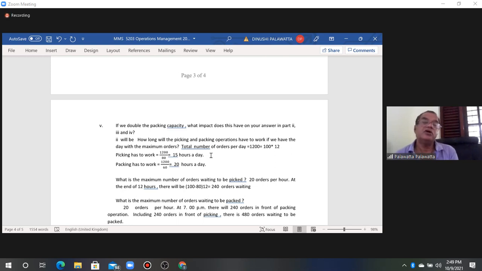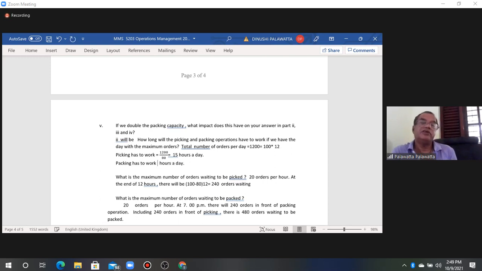But the final order is completed after 15 hours. All the orders are picked after 15 hours. Therefore, the packing staff will have to work 15 hours.